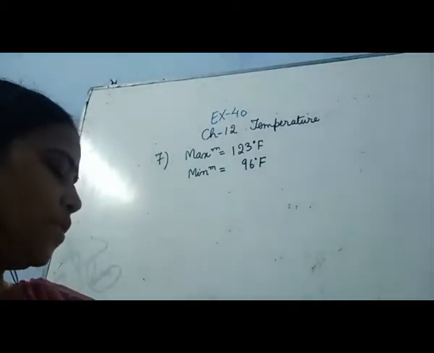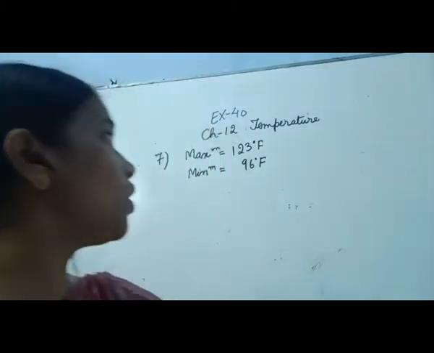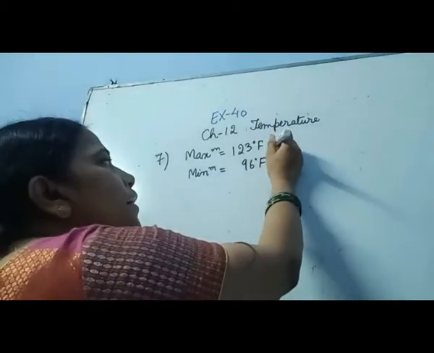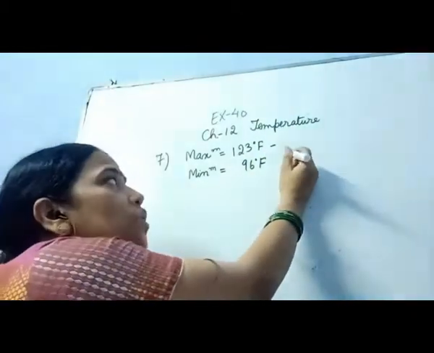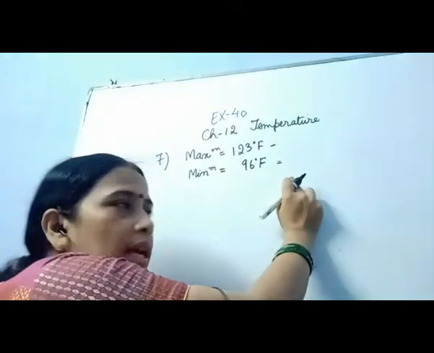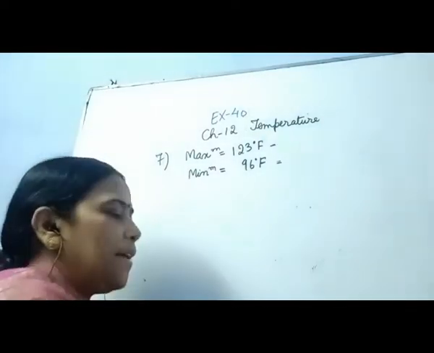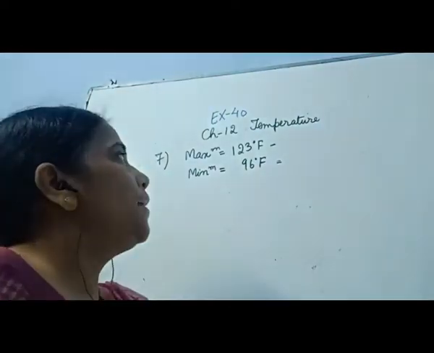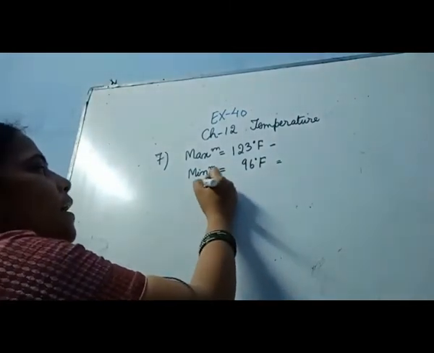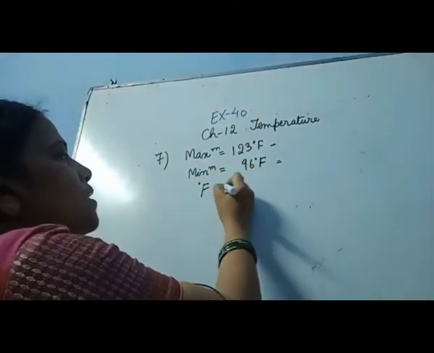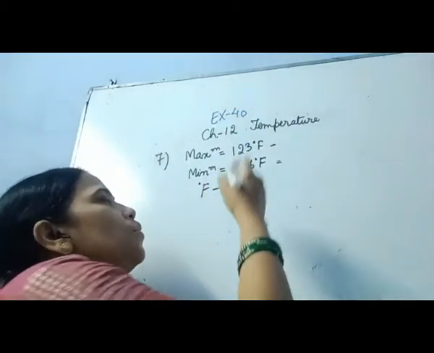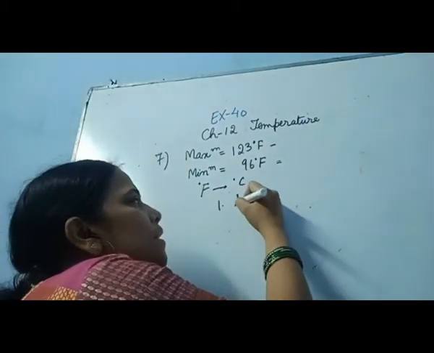Like first you can convert 123 degrees Fahrenheit into Celsius, and 96 degrees Fahrenheit into Celsius. Like that also you can do. The first step we have done with the formula. Now here we can do it like that. How to convert degrees Fahrenheit into degrees Celsius? To convert this, what are the steps given? The first step is subtract.